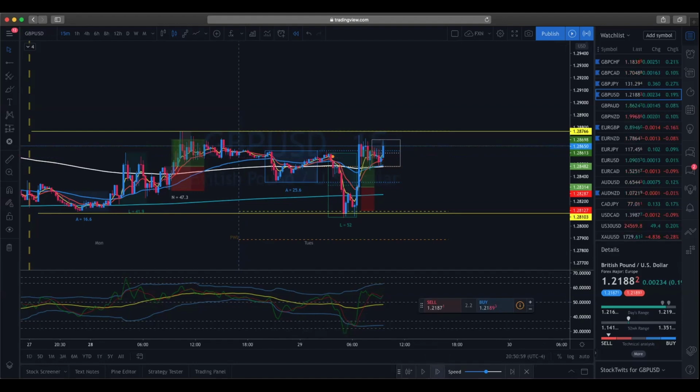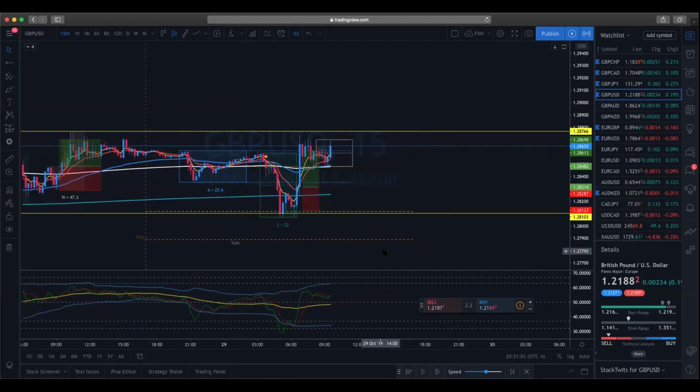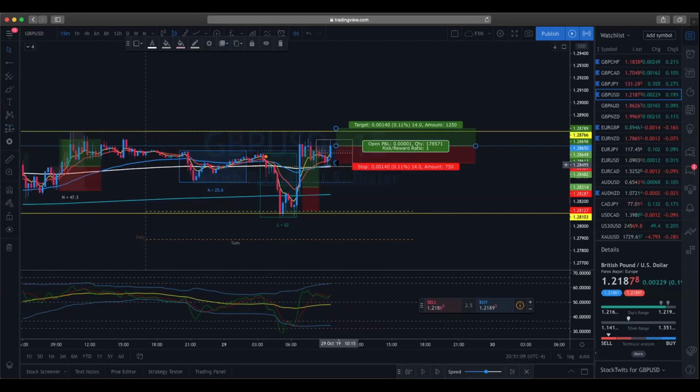Now, what do you think? Type 3 criteria, exactly. Yeah, Travis, exactly. Type 3 criteria. Yes. So what's the range here? It's about 17, 18 pips or so to go another 20 pips basically up here.